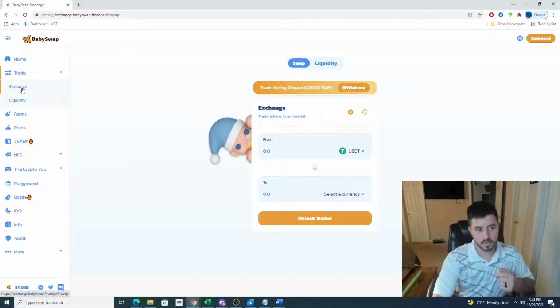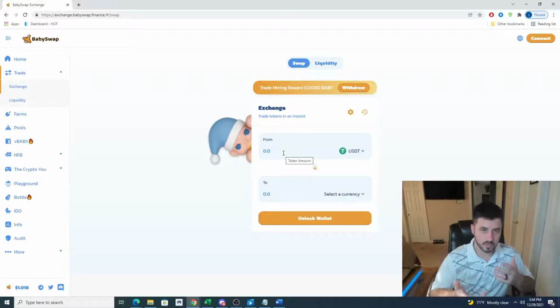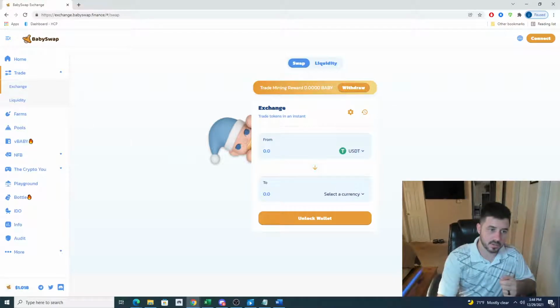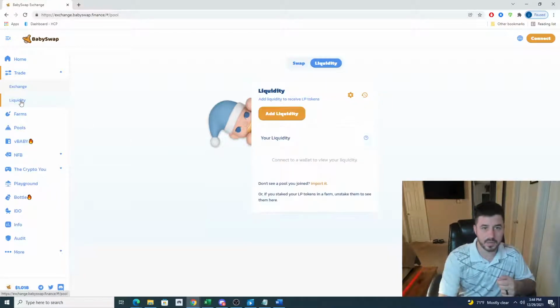The way that we can do these one-to-one swaps is because of what this is here, liquidity.